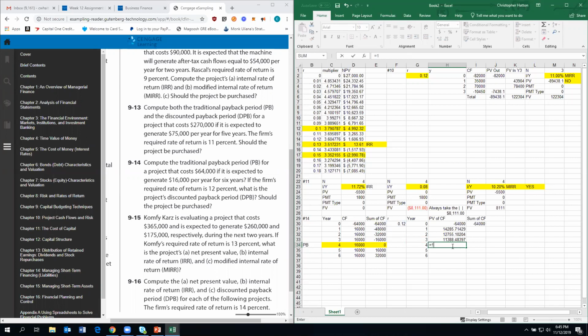And then equals. Doing these by hand. And then you want to be able to do equals this plus this, then you can drag this.